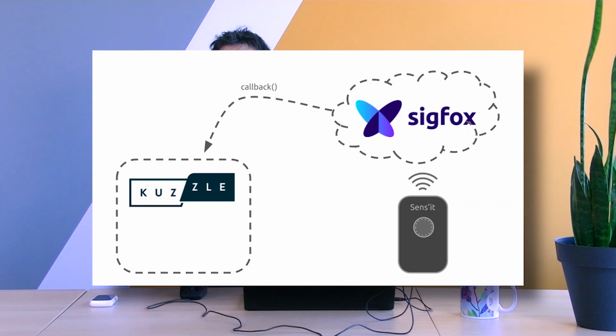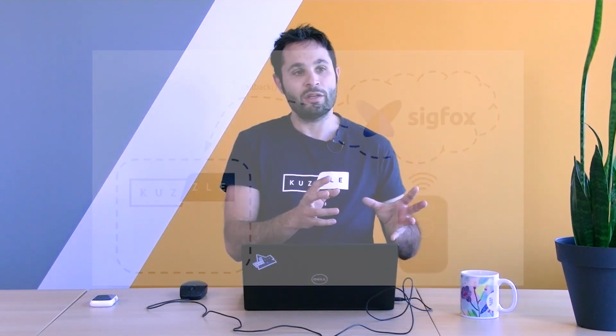Now, once it's in our account, the cloud servers from the SigFox network will look for something called a callback. A callback is a simple function that will take the raw data payload sent by the Sensit to a URL that we specify. Now, that's where Kuzzle comes into play.